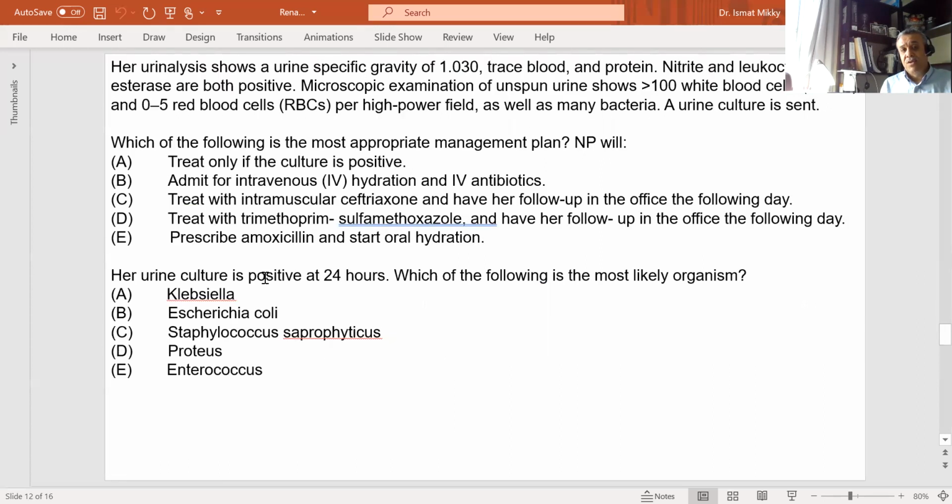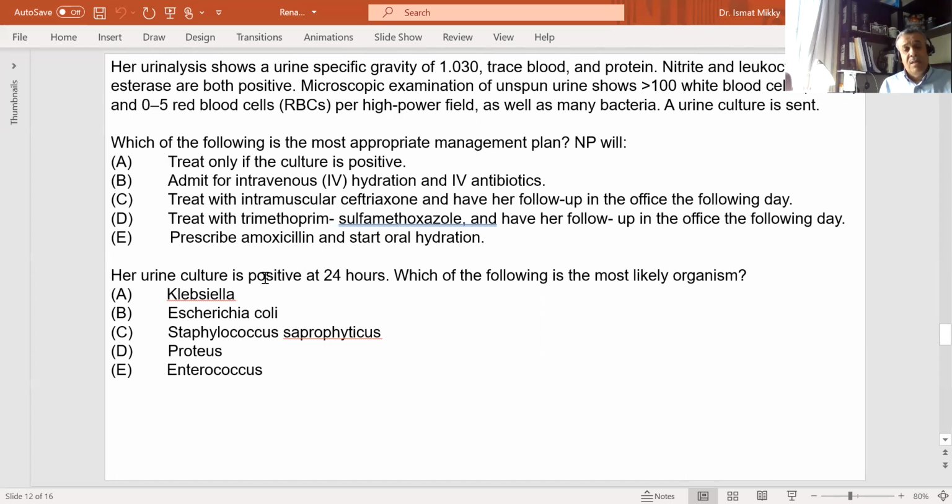Next question, the answer is B, which is admit for IV hydration and IV antibiotics. Leukocyte esterase, which is an enzyme in white blood cells, and the nitrites both suggest UTI.